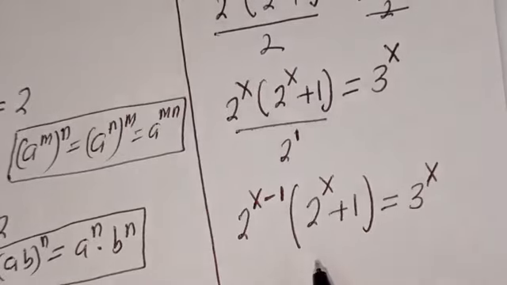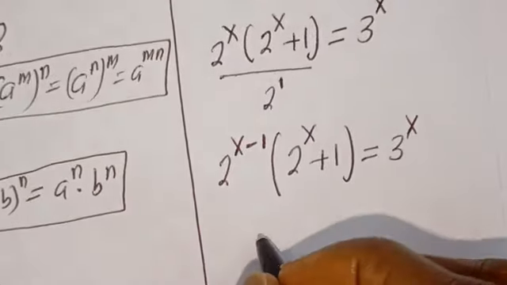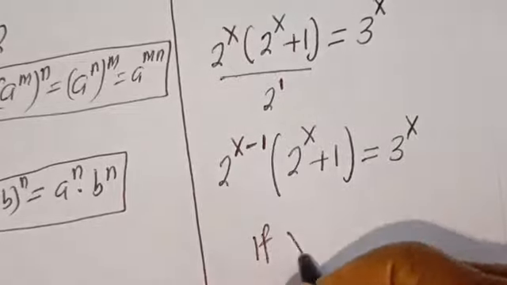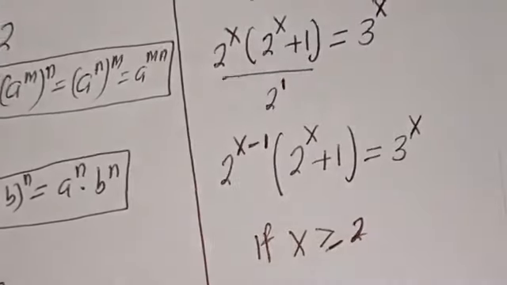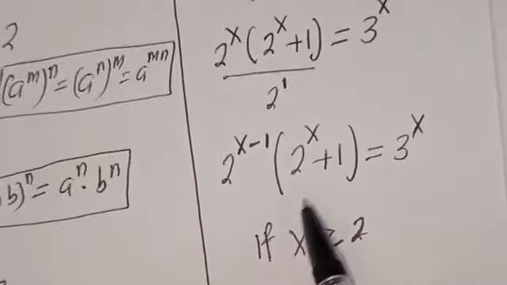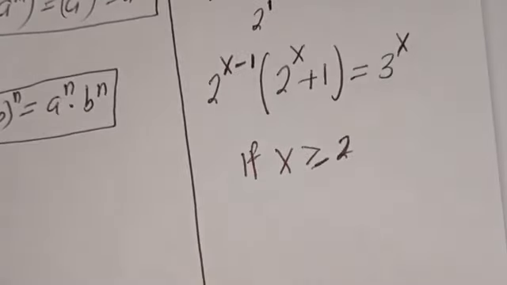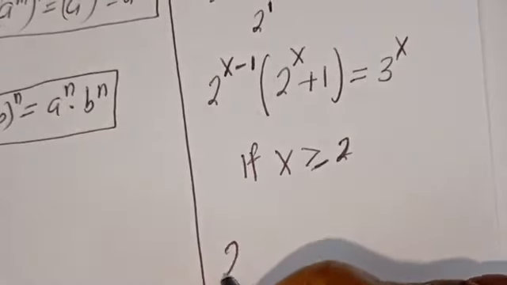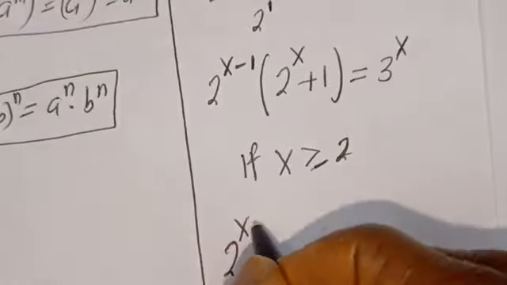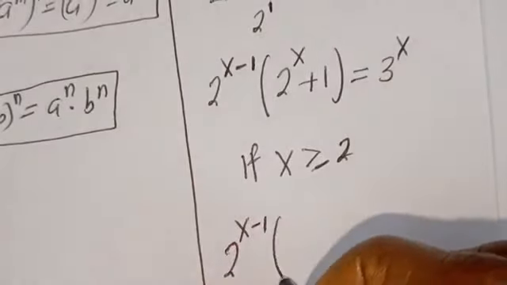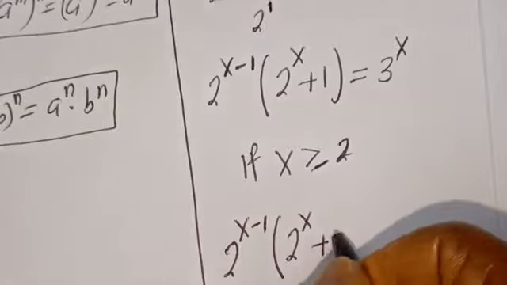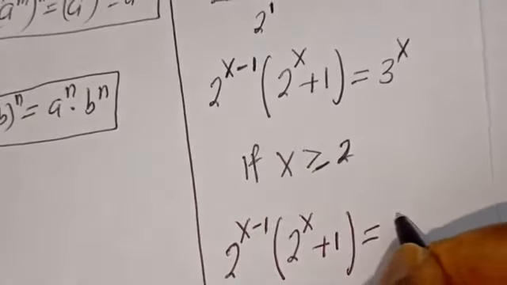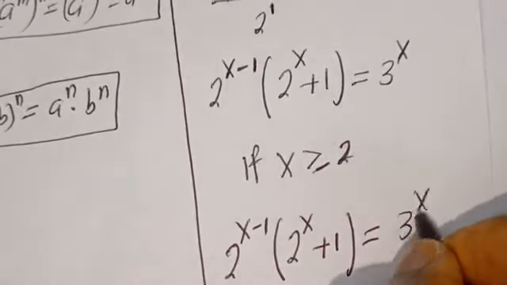Now at this point, we want to test if x is greater than or equal to 2. So we can test from here if x is greater than or equal to 2. Then we have 2 to the power of x minus 1 bracket 2 to the power of x plus 1 is equal to 3 to the power of x.